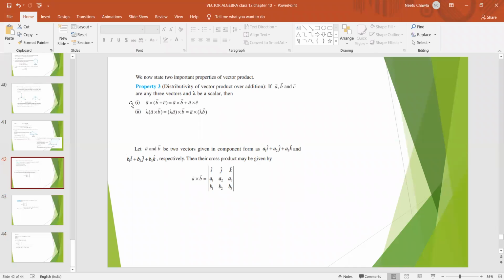You can say it's a kind of property which can be used whenever it is needed according to the question. And if a scalar number lambda is multiplied with A vector cross B vector, then what is the solution? It means lambda into (A vector cross B vector), or A vector cross lambda into B vector.